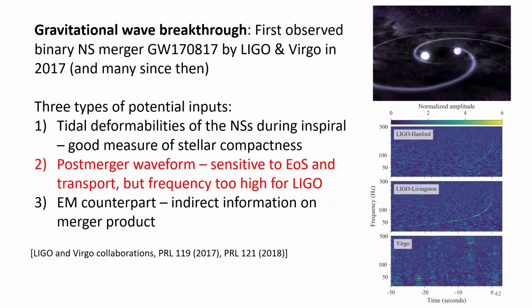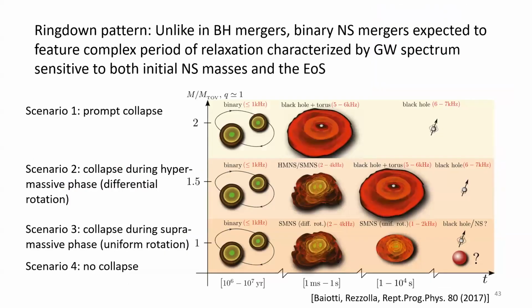Then next, there is this post-merger waveform. Unfortunately, as I mentioned, this hasn't been observed yet because the frequencies are so high. But the hope, of course, is that when these so-called third generation gravitational wave observatories like the Einstein Telescope and the Cosmic Explorer become active in the 2030s, we will have a clean measurement of the post-merger waveform.